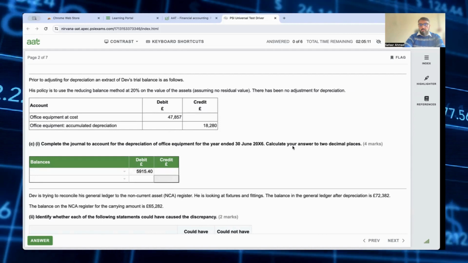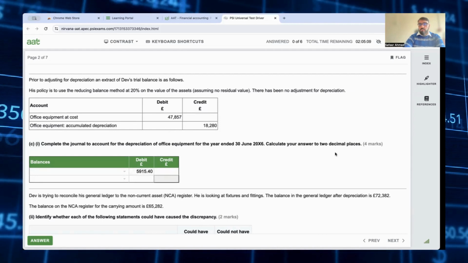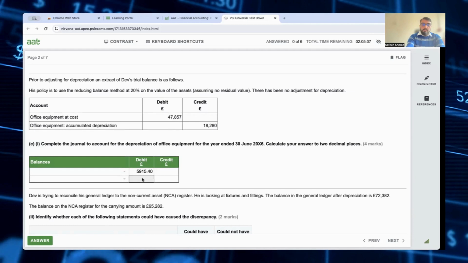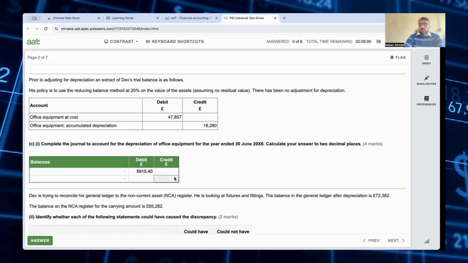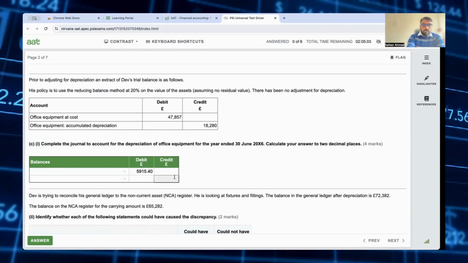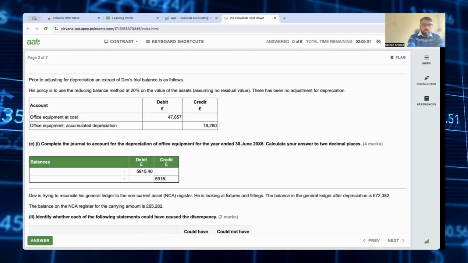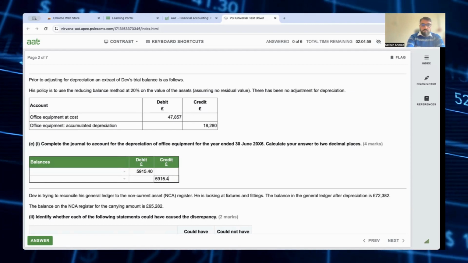And as you can see, it says calculate your answer to 2 decimal places, so that's why you cannot round it up or down there.